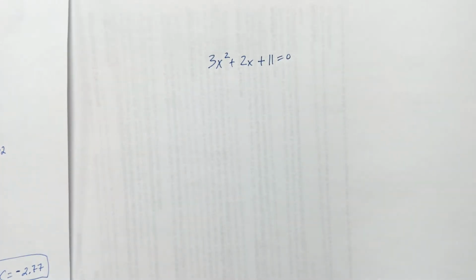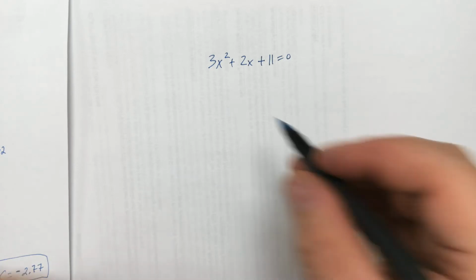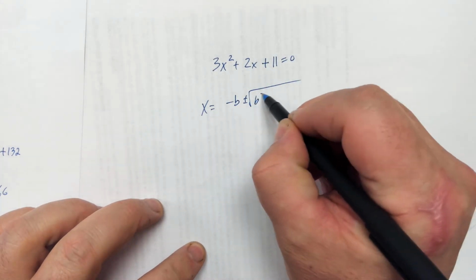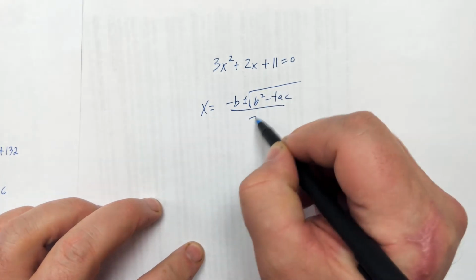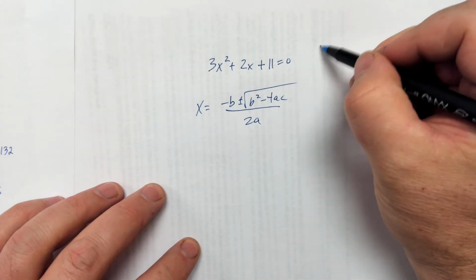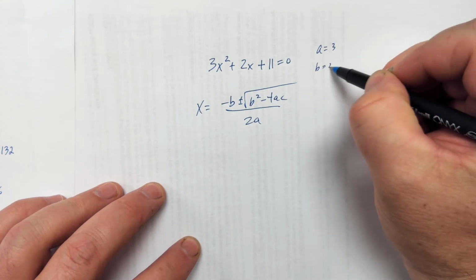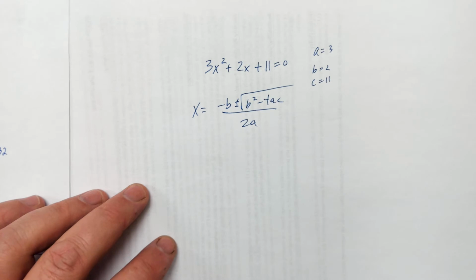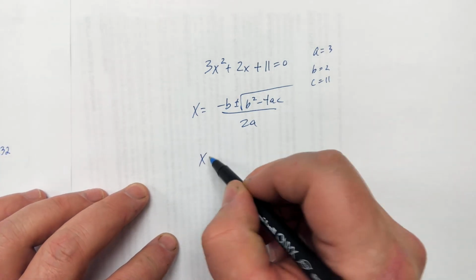I want to show you what's going to happen, because this is actually going to make your life really easy. So negative b plus or minus square root of b squared minus 4ac divided by 2a, right? And we already know the only difference between this problem and the last is c is positive this time. So watch what happens.